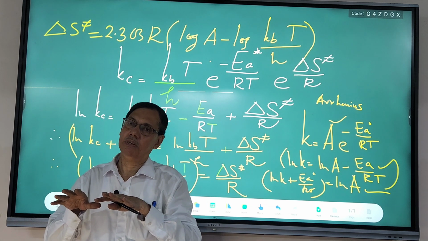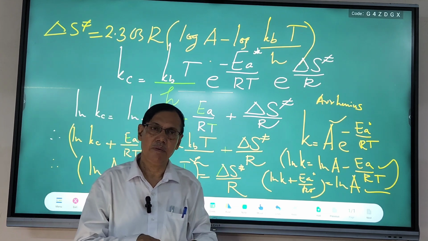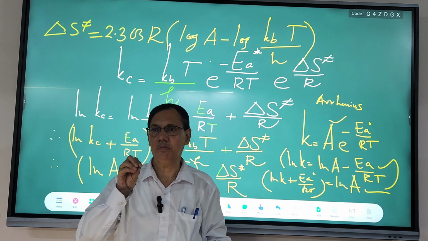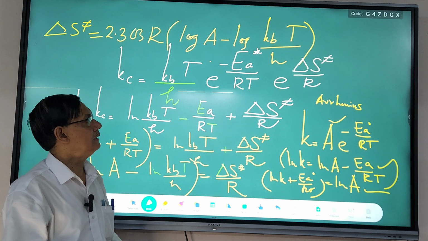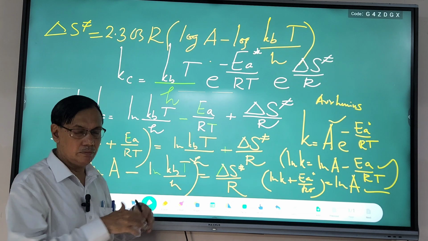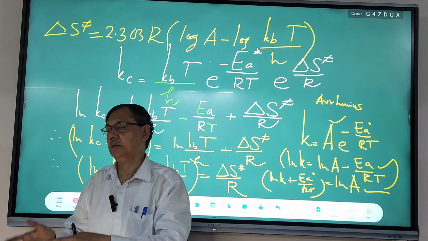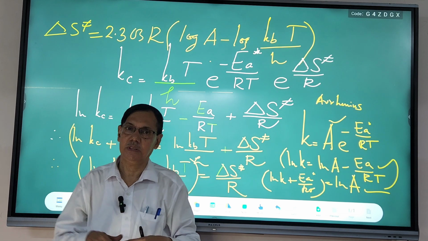From these values of delta G activation, delta H and delta S, one can figure out the reaction mechanism. And this is the example of the Arrhenius correlation. Similarly, there is a correlation between the collision theory and transition state theory. In my next class, I will discuss this theory.